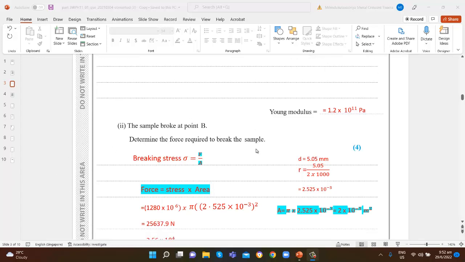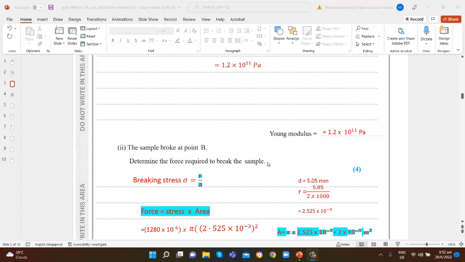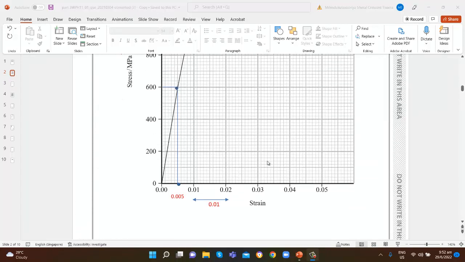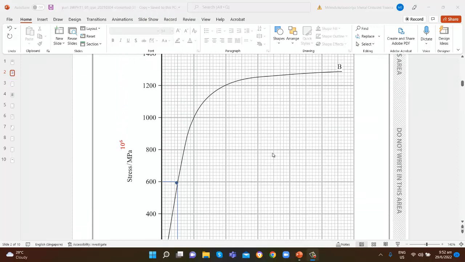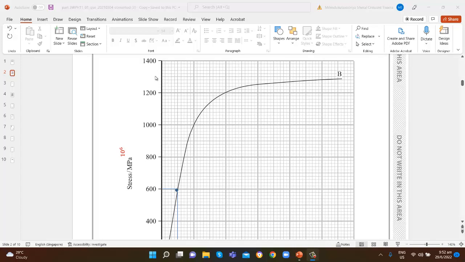Okay, so now I want force. It is stress times area. So stress here is the breaking point stress. Go to the graph and find the stress at the breaking point B. So you slowly come over here, then you will find this is 1300 halfway.